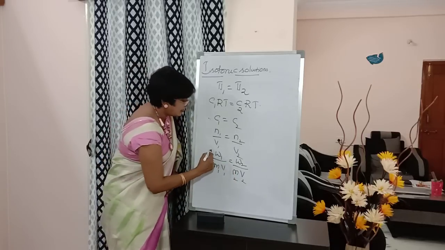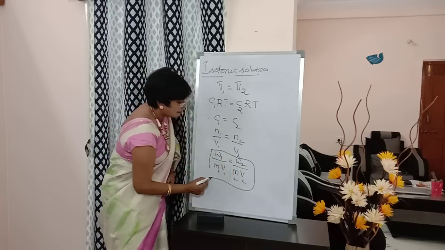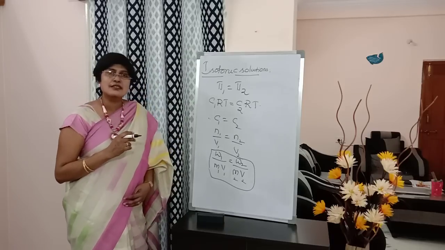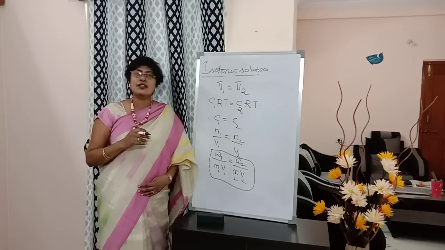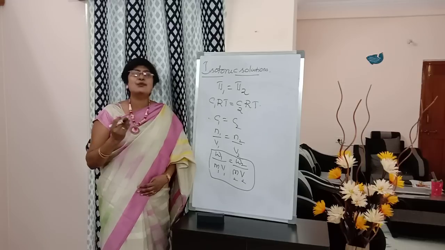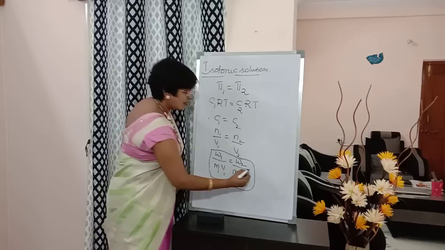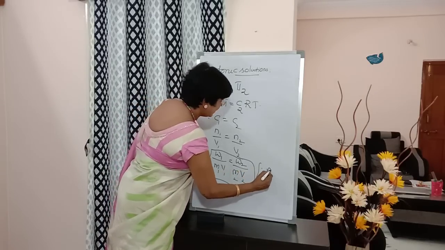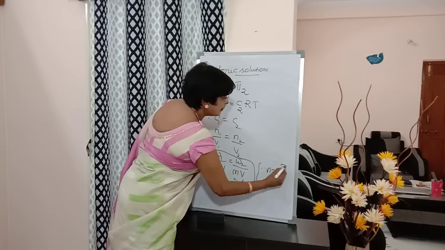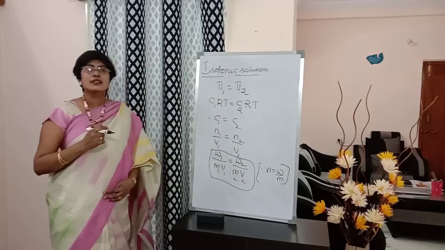Fine. So, if we know the molecular weight of one substance of a pair of isotonic solutions, we can calculate molecular weight of another substance. Okay. So here write down, students, since N is equal to W by M. Okay.